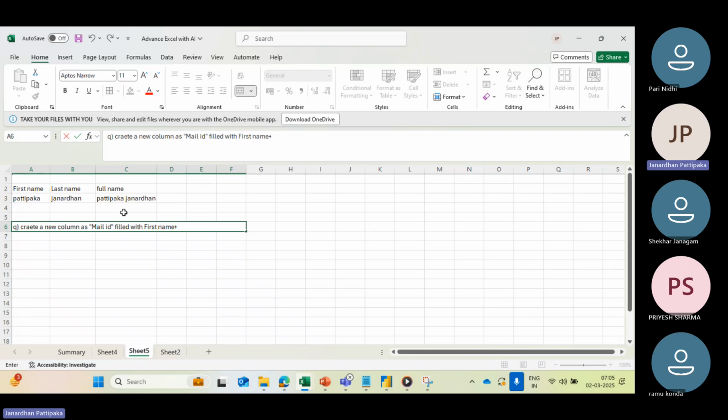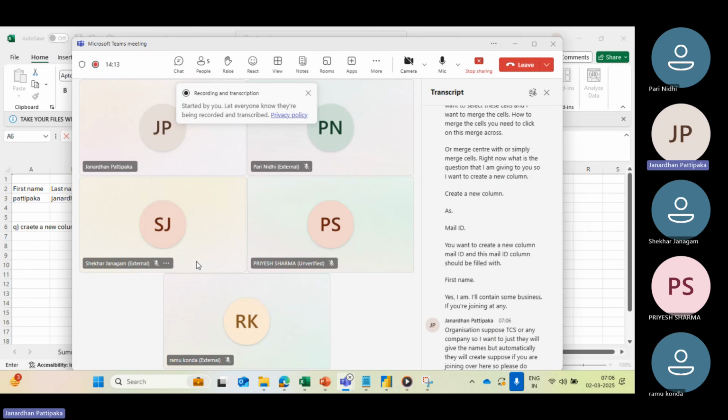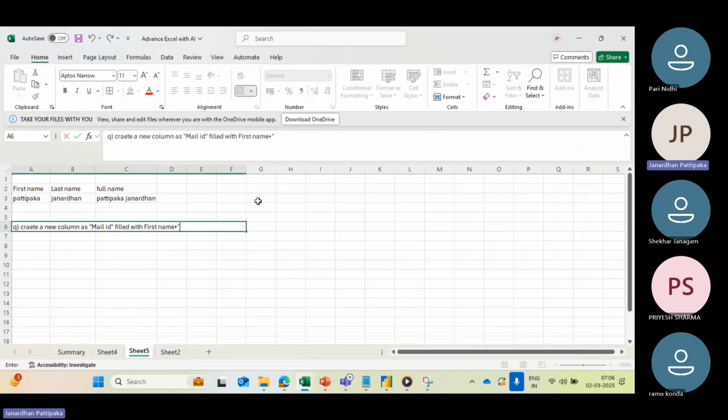If you're joining any organization, suppose TCS or any company, they will give the names, but they will automatically create a mail ID for them. Suppose you guys get placed, or Paranditi, Shekhar or Priyesh have joined an organization. They will create a mail ID for them. So what domain do I want to add to the first name? I want to add @tcs.com. This is the text I want to add, so I'm maintaining the double quotation and closing it.